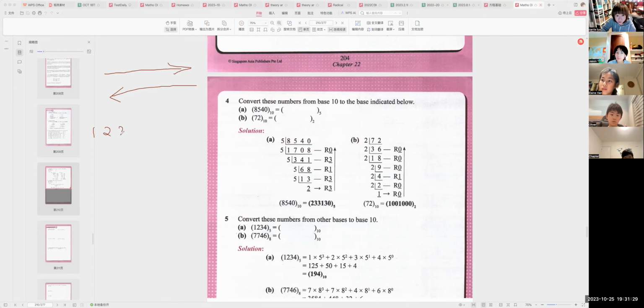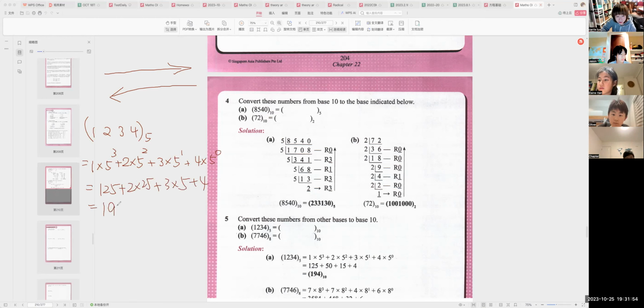If it is base 5, we have 1 times 5 to the power 3 plus 2 times 5 to the power 2 plus 3 times 5 to the power 1 plus 4 times 5 to the power 0. So we have 125 plus 2 times 25 plus 3 times 5 plus 4, which equals 194. And that's a number in base 10. Get it, everybody?